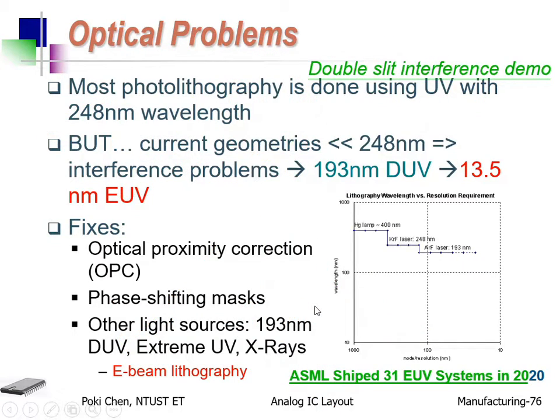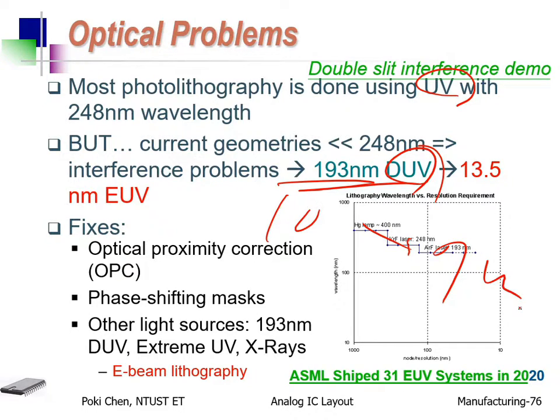Got it? So we try to replace UV with DUV. However, DUV is only 193 nanometers. It is no good for the most advanced nanometer fabrication. Actually, to my memory, DUV can be used for almost 10 or even 7 nanometer.